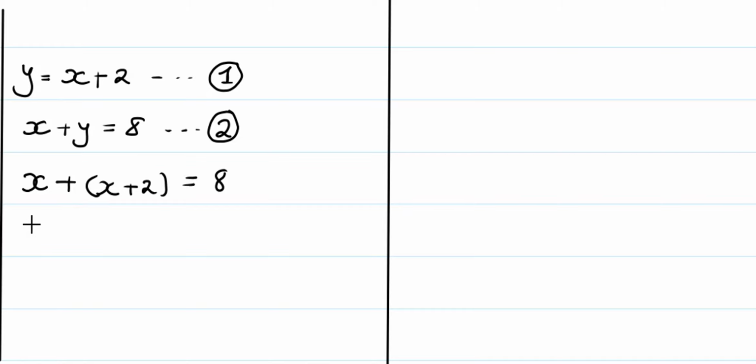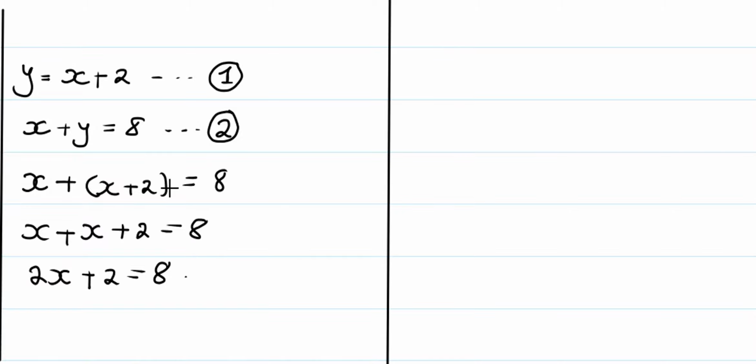From there, we can open the brackets: x plus this x here, then plus 2 equals 8. Then we add the variable x, which is x + x = 2x, plus 2 equals 8. Then we group the like terms together, so I will have 2x = 8, and I take this 2 to the other side of the equal sign, and it will be negative, because on the left side it was positive.